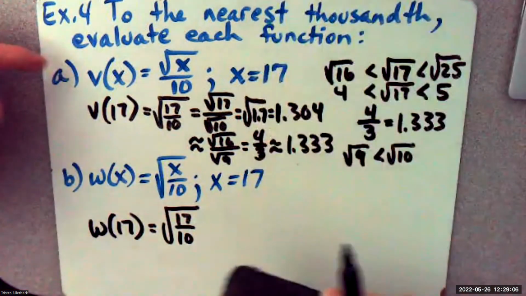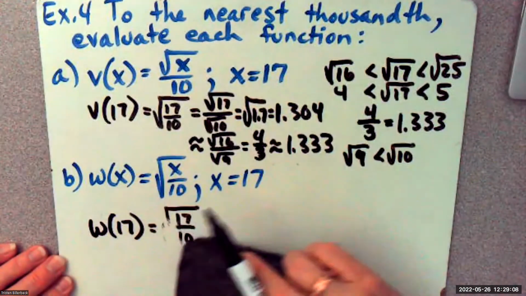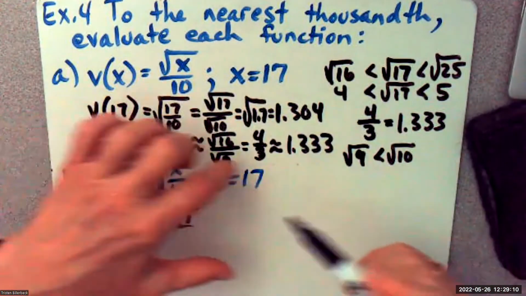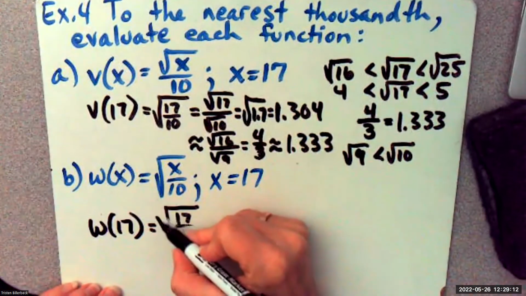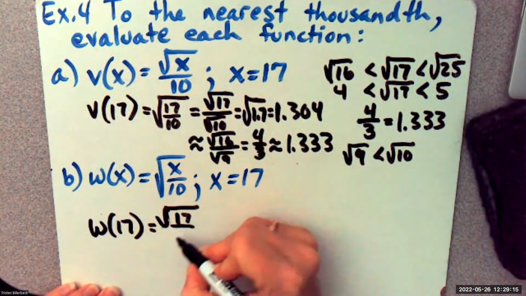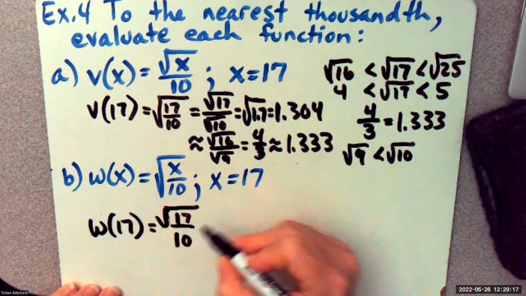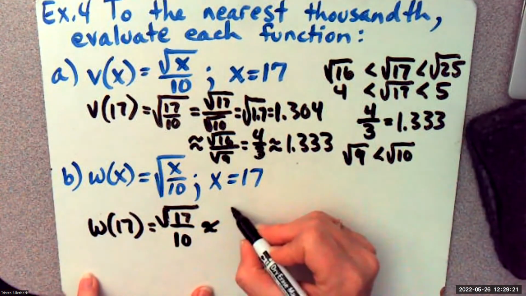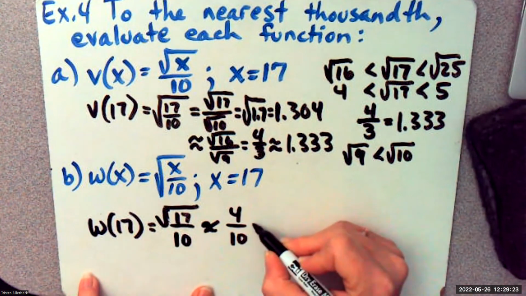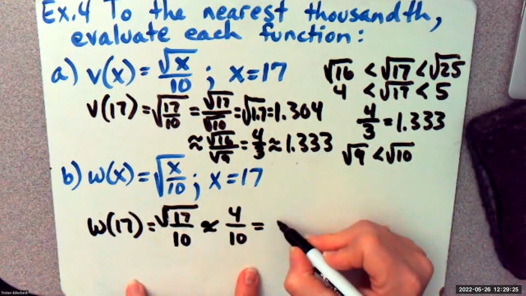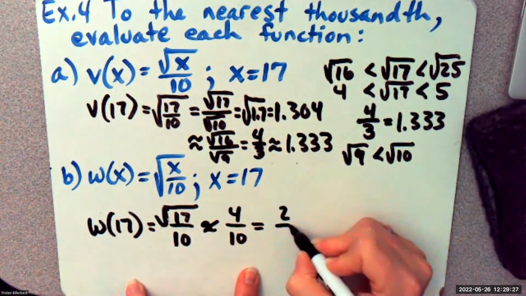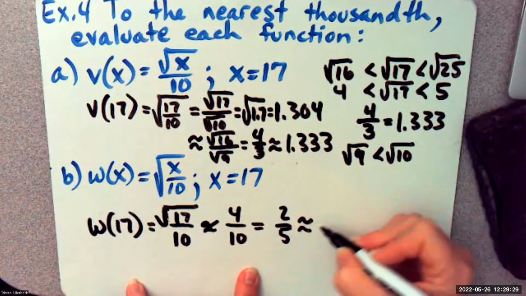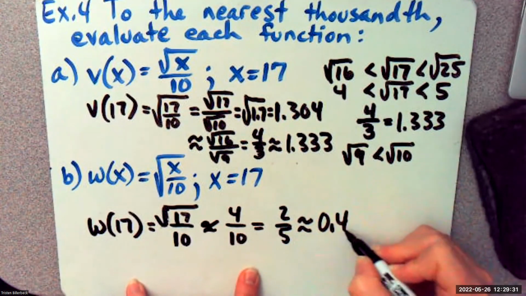So let me do this one here. This is the answer for this one. So over 10, we know that this is approximately 4/10, so that's 2/5, which is approximately 0.4.